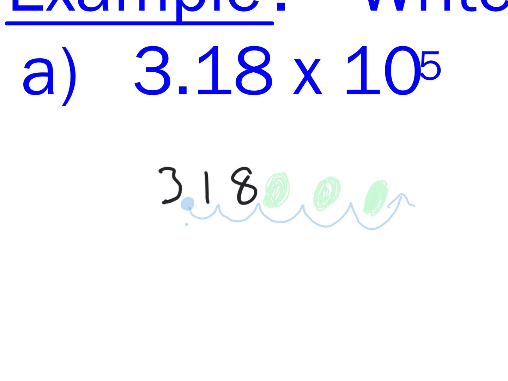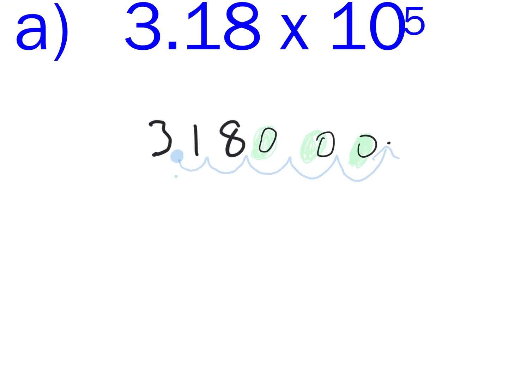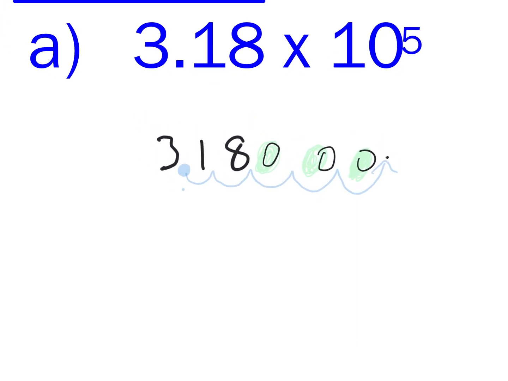And in each of these empty spots, what do you think we're going to put? Zeros. So it's going to be a 0, a 0, a 0, and the new decimal is going to come right here. Now, what you can see is I've made a mess of this number.